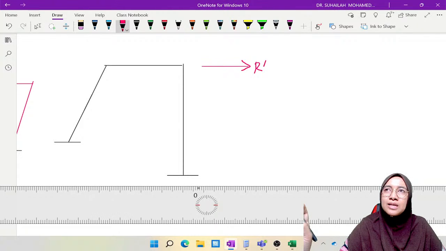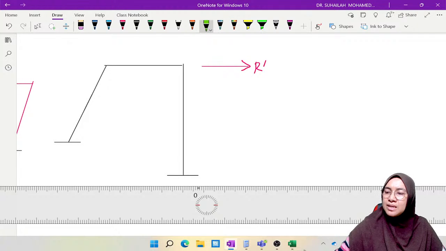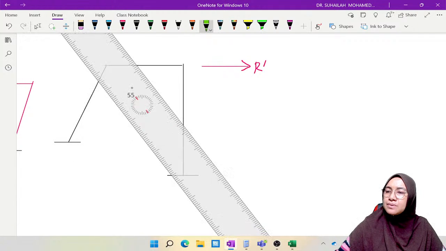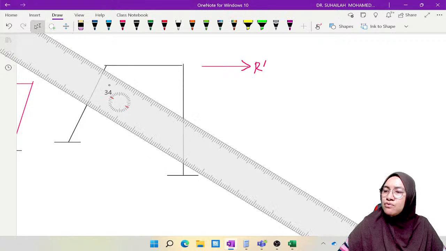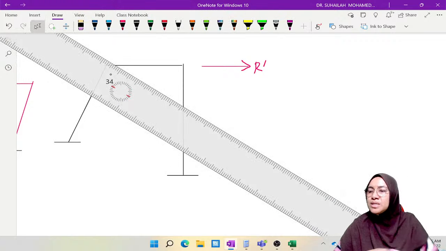For the side sway, the delta must be perpendicular to the element and perpendicular to column AB. In this case, we have to find the delta which is perpendicular.